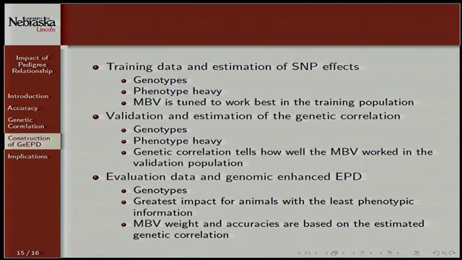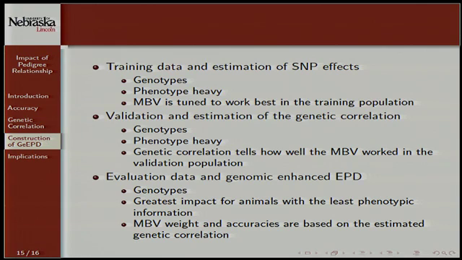When we get to the target population of the evaluation data, which is where we're actually aimed for, we don't have to have the phenotypes at that stage. We can only get so far without the phenotypes, but we can get part of the way. We're going to see the biggest impact in the animals with the least phenotypic information.